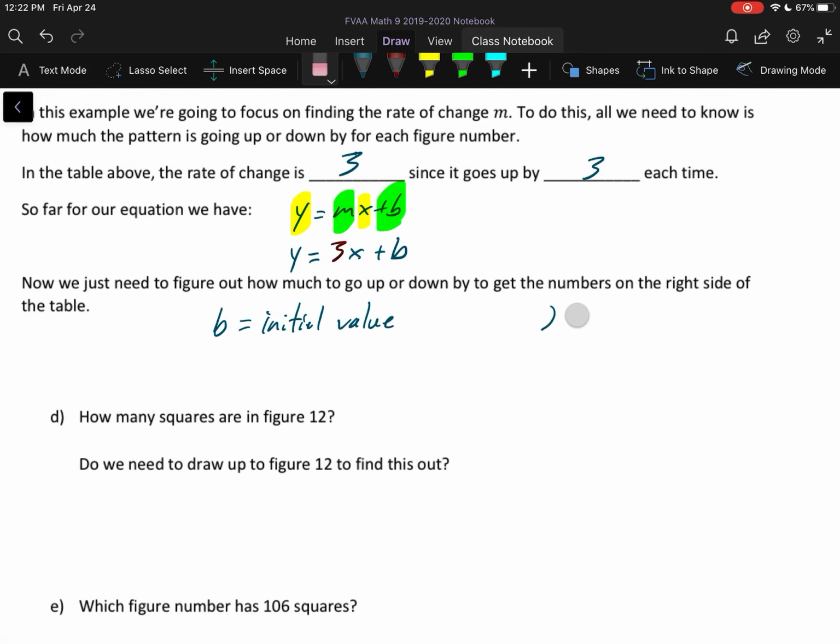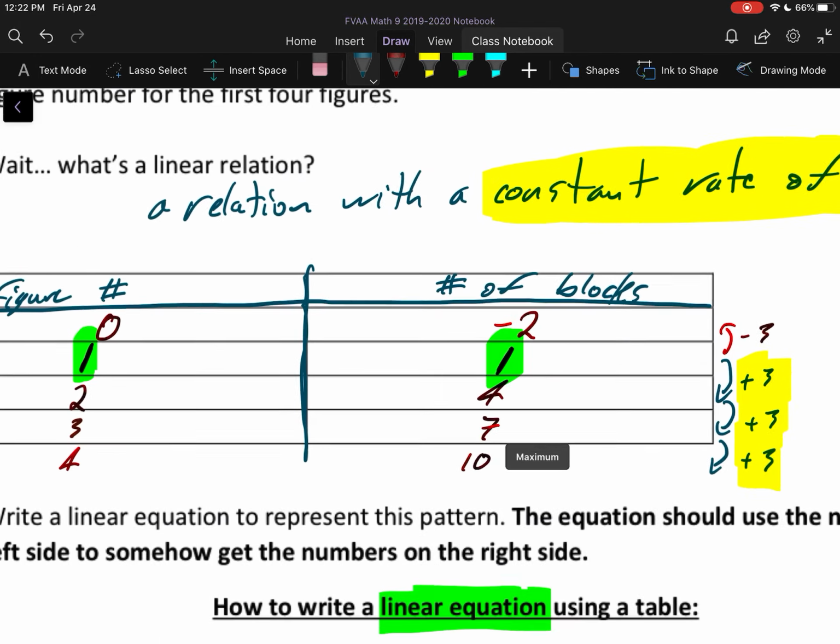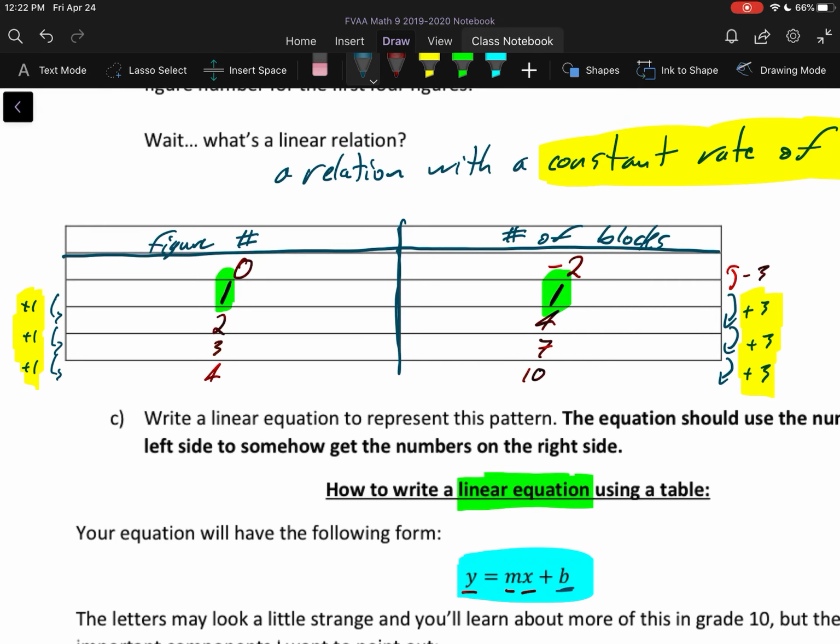Because we left that space in our table, we were able to come up with a mathematical initial value when the figure number is 0. Theoretically and mathematically, the original initial amount of blocks that we would have then would be -2.